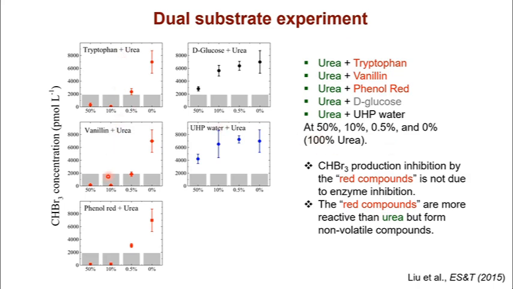So on the left-hand side here are tryptophan, vanillin, and phenol red, 3 inhibitors being mixed with the enhancer urea. Once again, the gray bar shows you background seawater production. It's striking that at 50 and 10% mixing of the inhibitor, they still entirely shut down bromoform production. Even when mixed at a very low ratio, 0.5%, they still inhibit the production quite a bit.